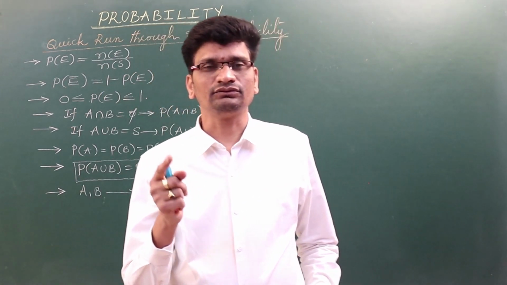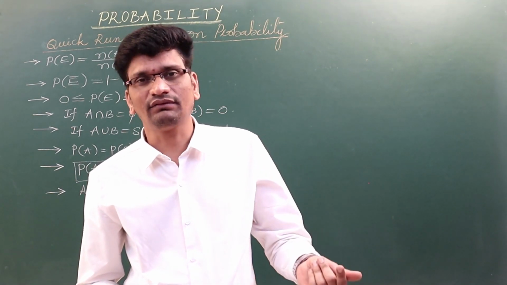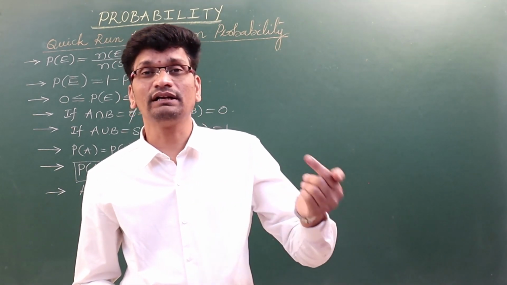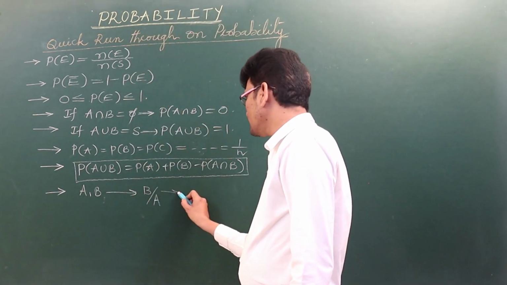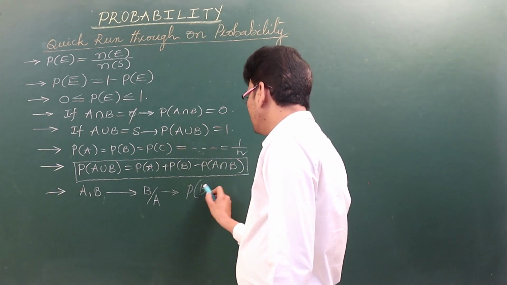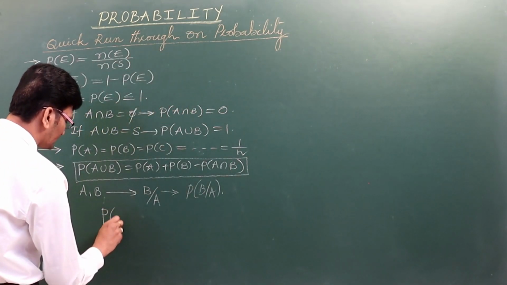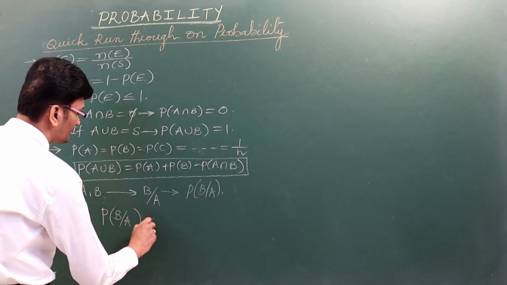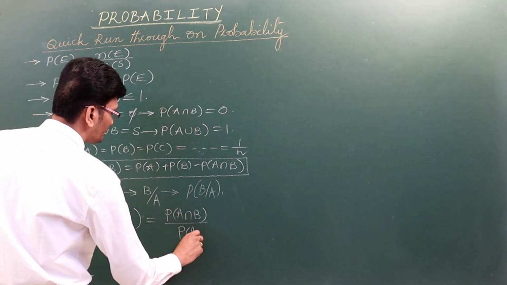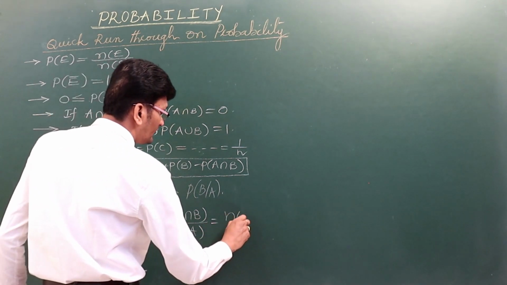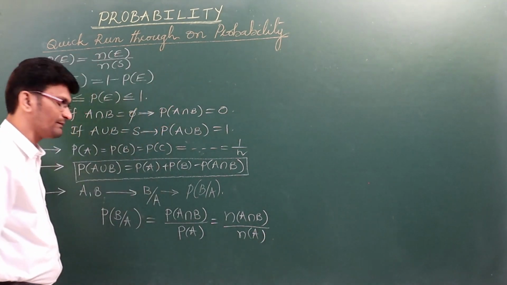Let A, B be the two events of a random experiment. The occurrence of B after the occurrence of A, then B is said to be the conditional event, denoted by B given A, and whose probability is defined as P of B given A. And whose formula is given like this: probability of B given A is equal to P of A intersection B divided by P of A, or N of A intersection B divided by N of A. This is the way.